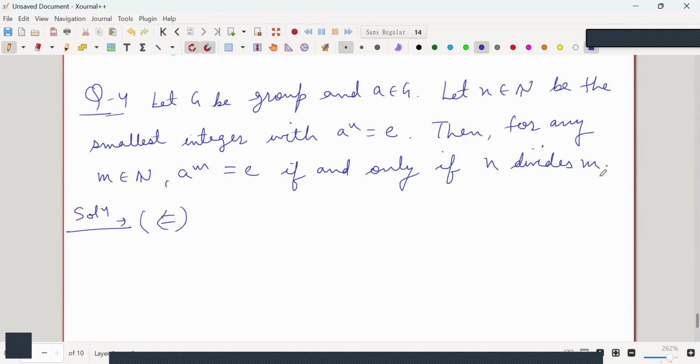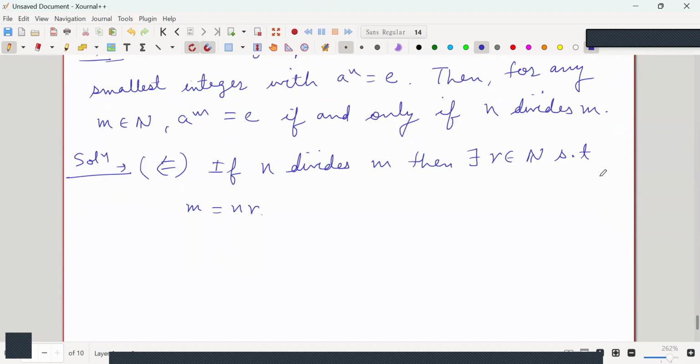So if n divides m, then there exists r belongs to N such that m is equal to n times r.